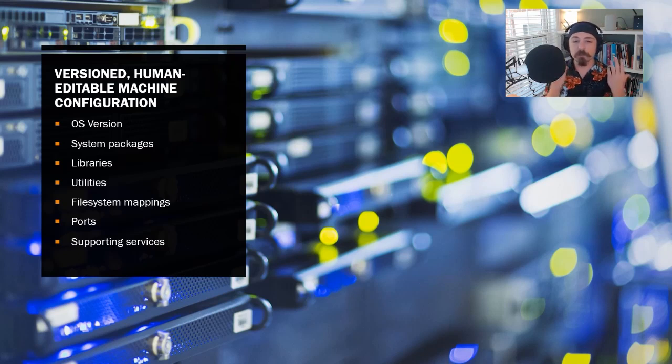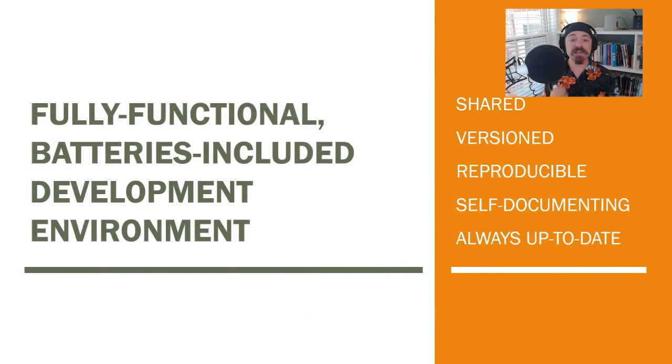We reflect that using human-readable configuration files that get versioned right alongside the project source code. In effect, a dev container is a fully functional, batteries-included development environment that is shared, versioned, reproducible, self-documenting, and always up to date so long as it's in use.